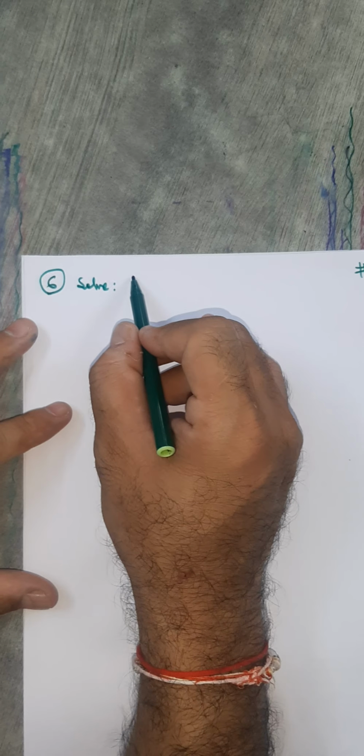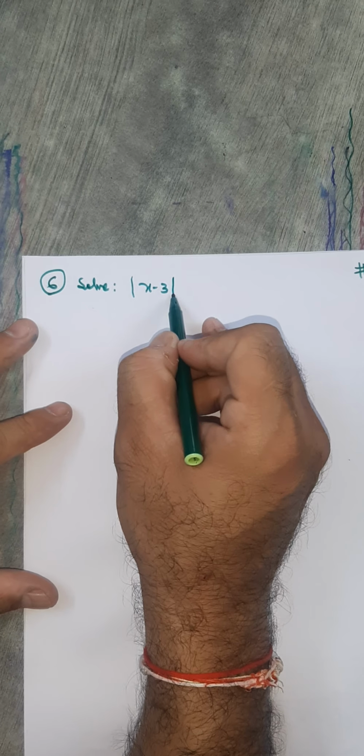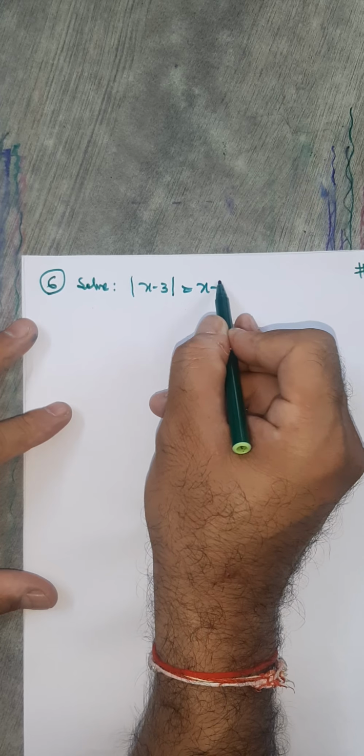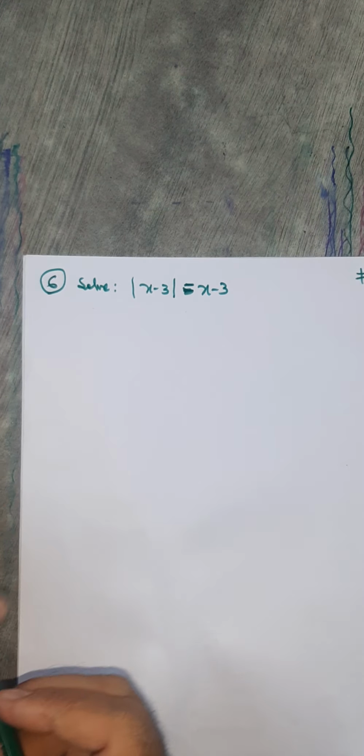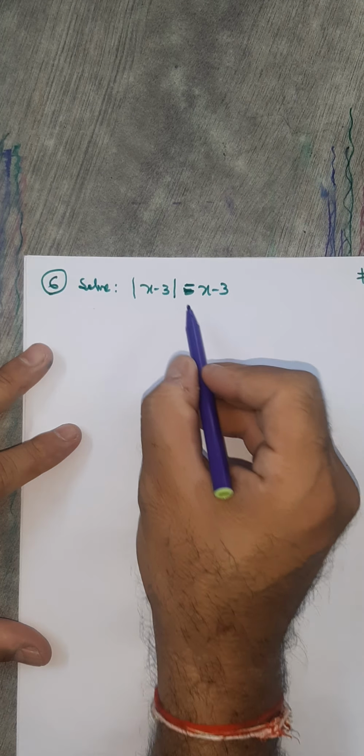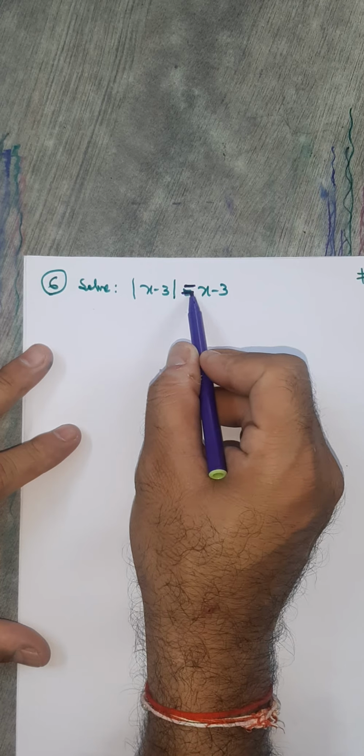Solve this: modulus of x minus 3 equals x minus 3. This is the question. This is not about inequality. This is about equality. Now here you need to just recall the definition of modulus.